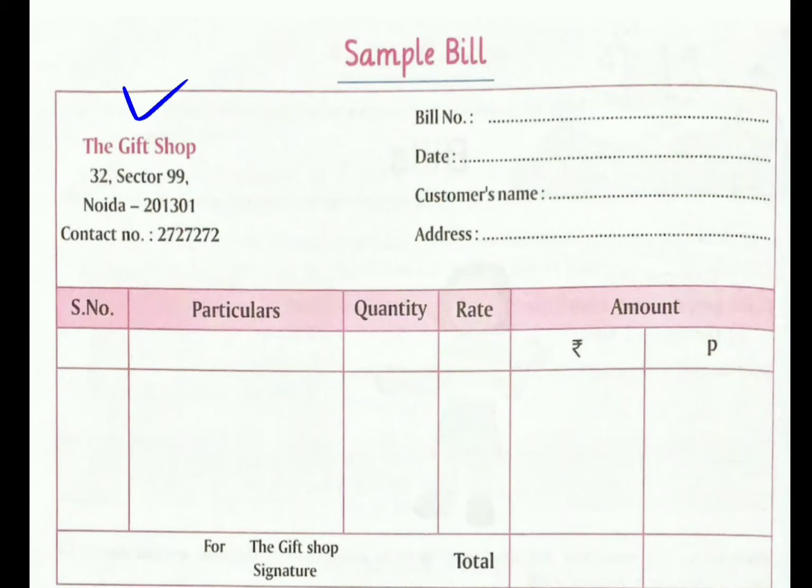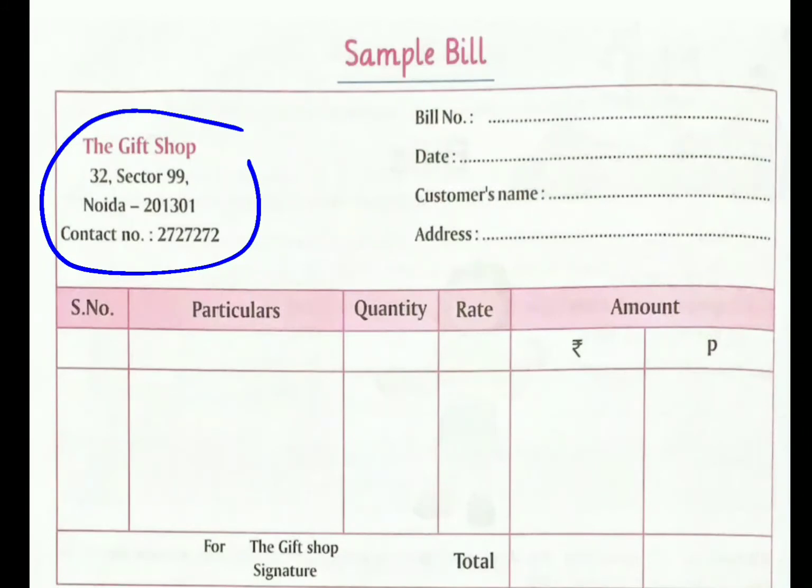It can come on the right also, and the customer name can come here also. Firstly, there is a sample name, gift shop, then the XYZ address is written, then the contact number is written. On the side, the bill number, you have to write the date, today's date you can put, and the customer name.